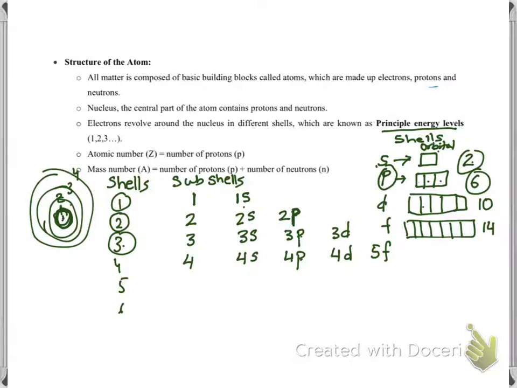Electrons love to stay close to the nucleus, as we already discussed. So electrons love to stay in energy levels, in shells, that are lower in energy.